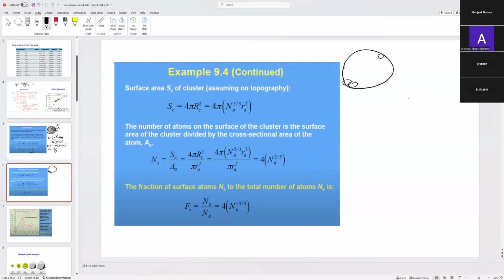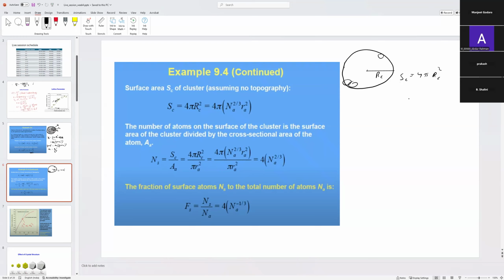Your surface area for the cluster becomes equal to 4 pi RC squared, where RC is the radius of the cluster. So this is the total surface area of this cluster.